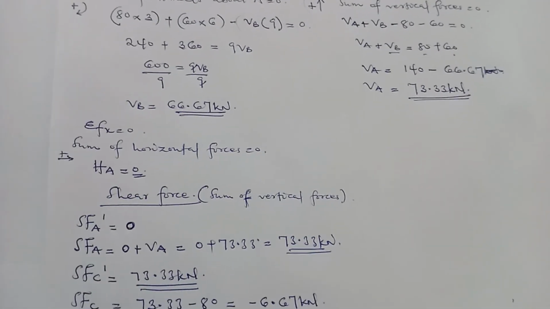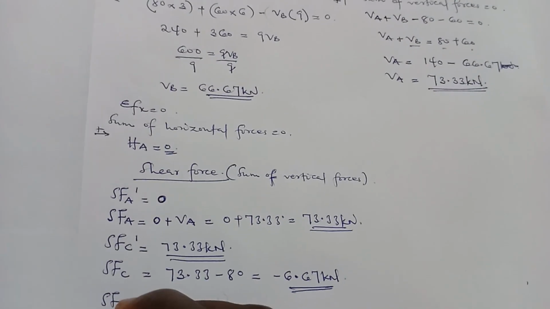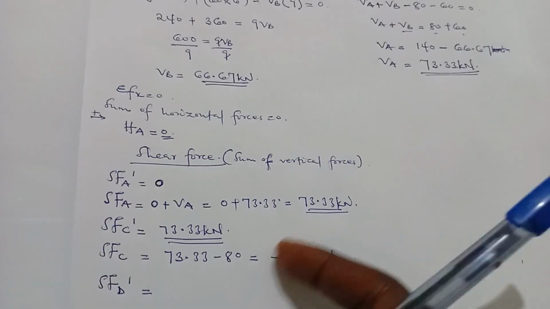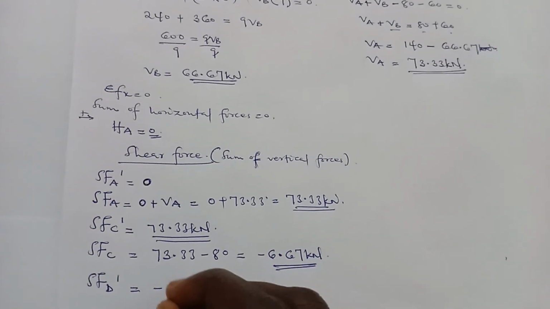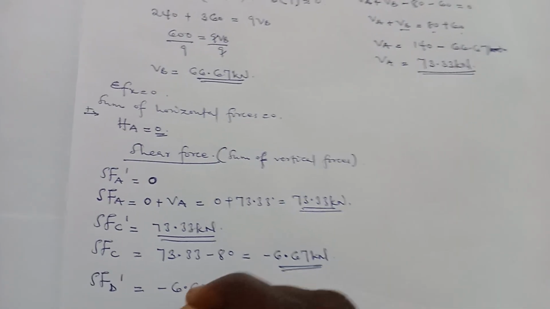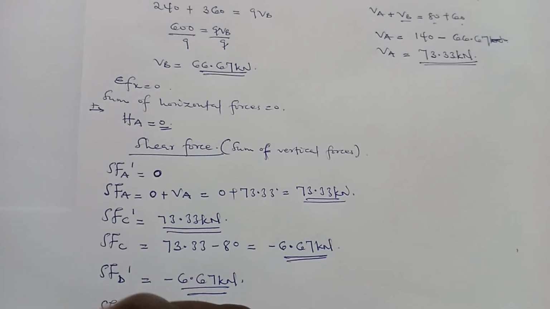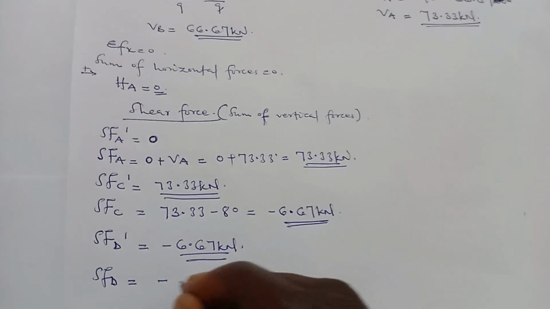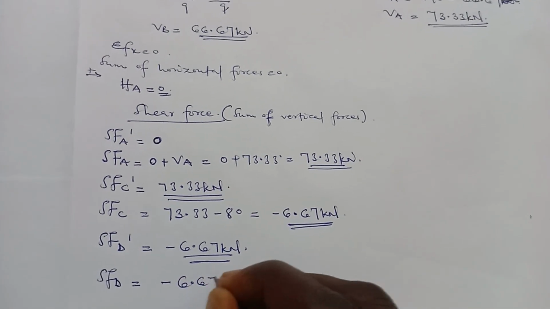We have to calculate two of them. The shear force at D prime will be equal to the previous one, which is negative 6.67 kilonewton. Then you move on to the shear force at D. You pick the previous one, which is negative 6.67.